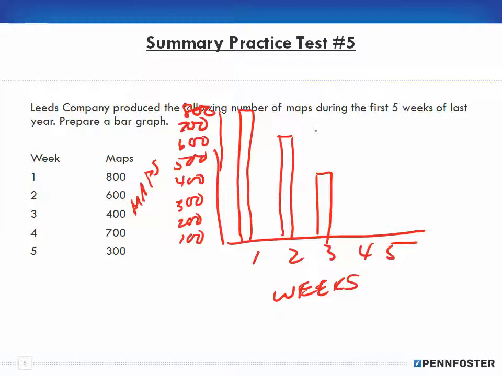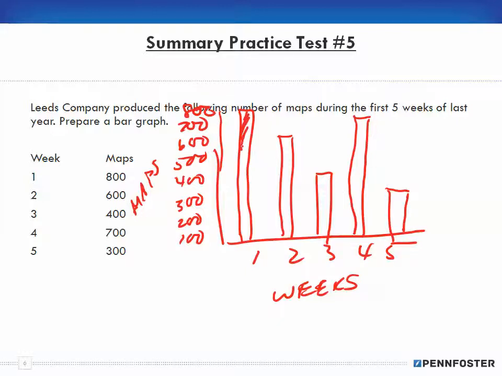For week 4, I'm talking about 700. So I'm going to come straight across here. So it's a little bit short of the 800, but it's a little bit above the 600. And number 5, I have 300. So I go right across from 300.